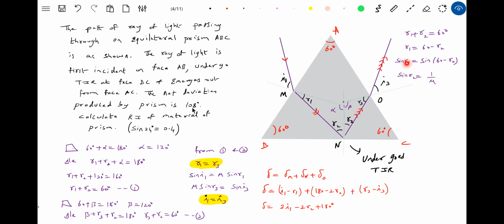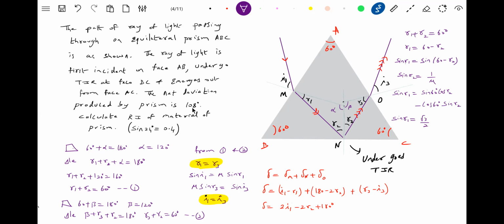So sine R1, let me explain now. Sine R1 equal to sine 60 cos R2 minus cos 60 sine R2. So sine R1 equal to root 3 by 2.